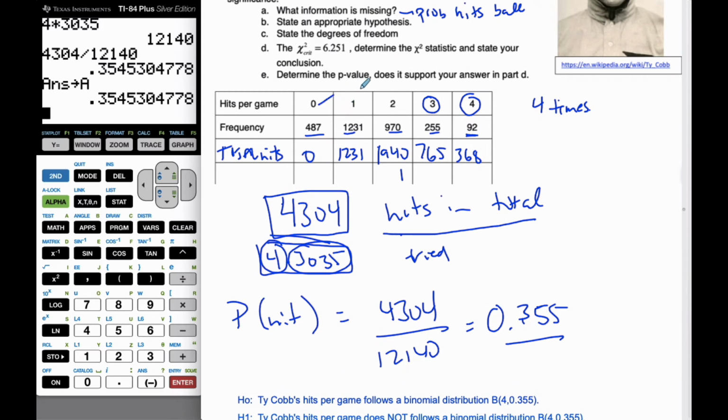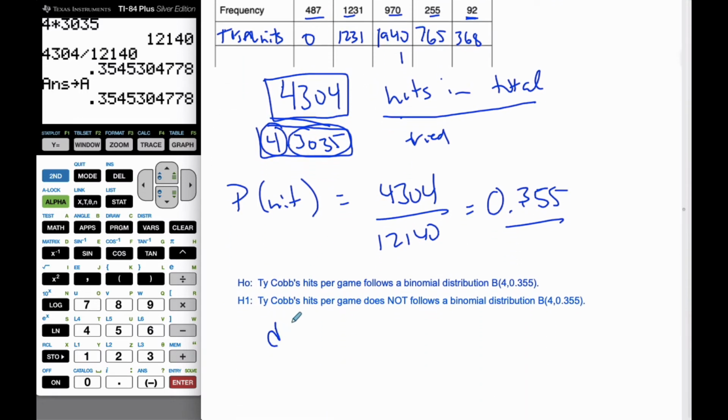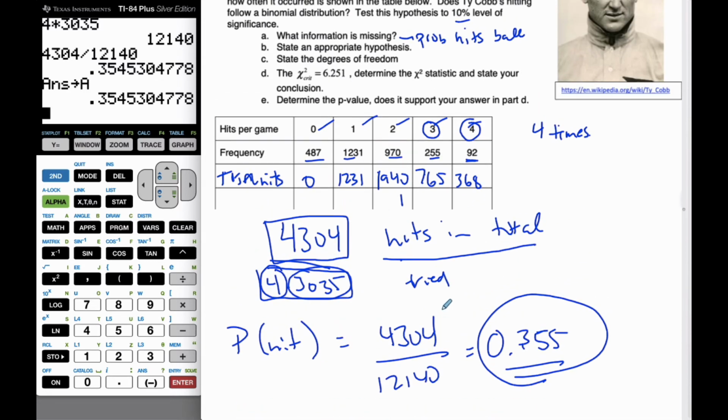Well, I know there's 1, 2, 3, 4, 5 different categories. So my degrees of freedom is going to be 5 minus 1 as always. And because we've estimated this value, we subtract 1 more. And so degrees of freedom in this case is 3. And so now we have to find our chi-squared statistic and state the conclusion.